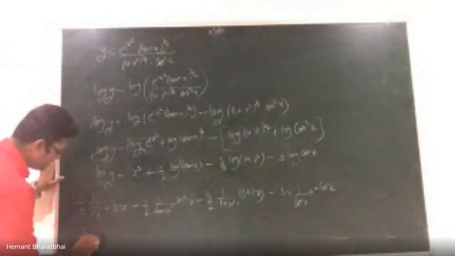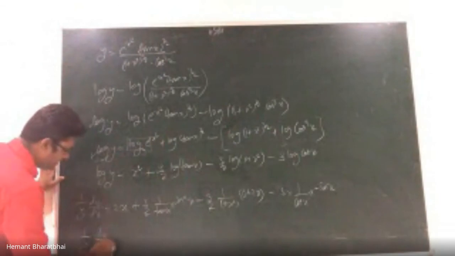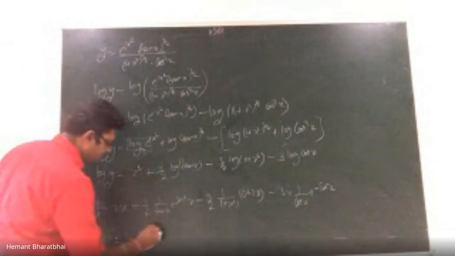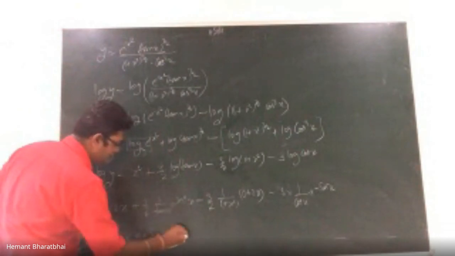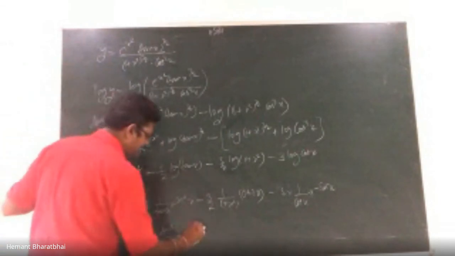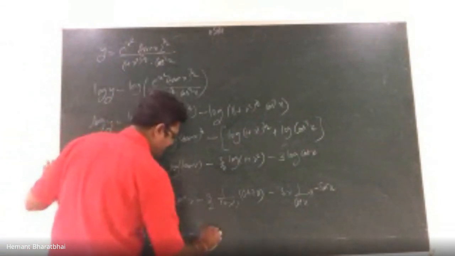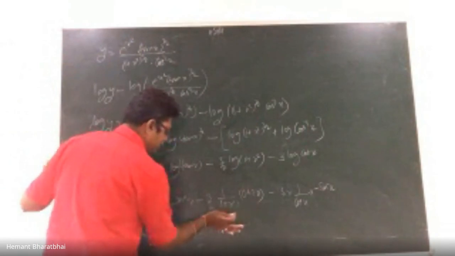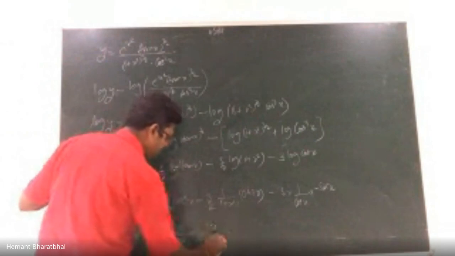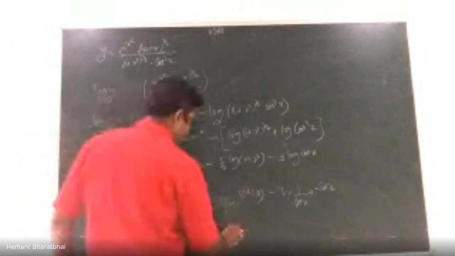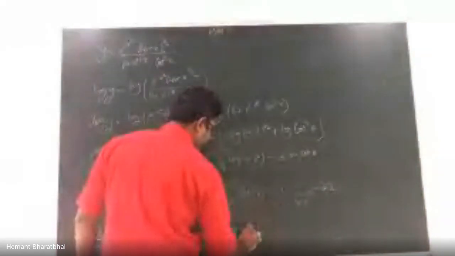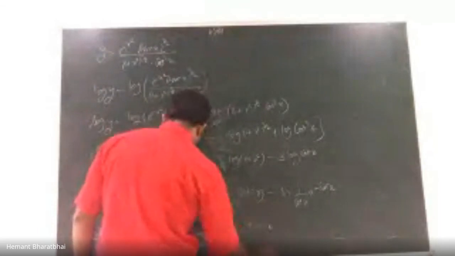So I'll get 1 by y dy by dx is equal to 2x plus 3 by 2 sec square x upon tan x, which can further be simplified, minus 3 by 2 into 2x, so that will give me 6x upon 2 into 1 plus x square, minus minus will become plus, 3 sin x by cos x will become tan x.